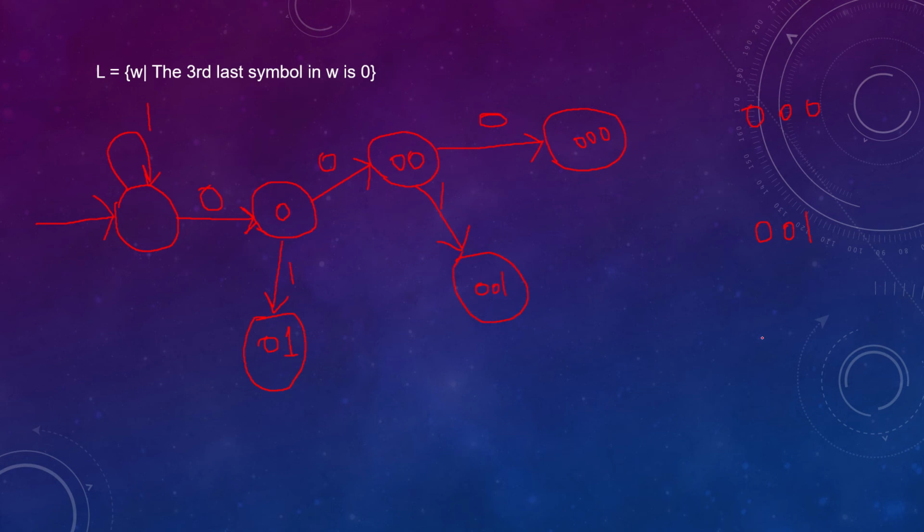Similarly from 0 1, if we get 0, that will be 0 1 0, and if we get 1, that will be 0 double 1. So we will go to two different states from here too.